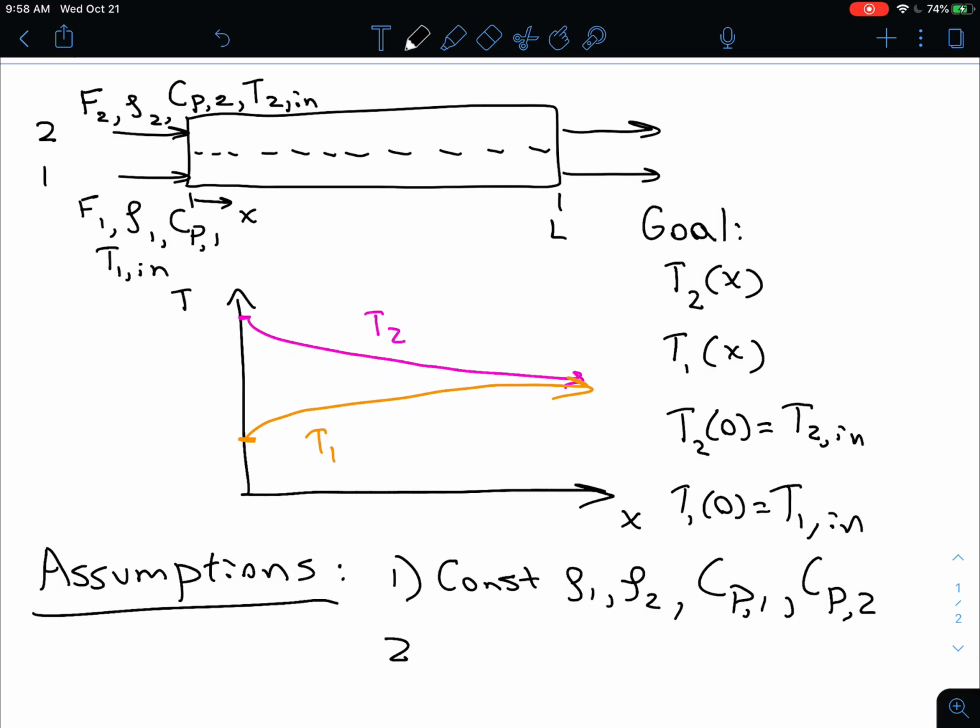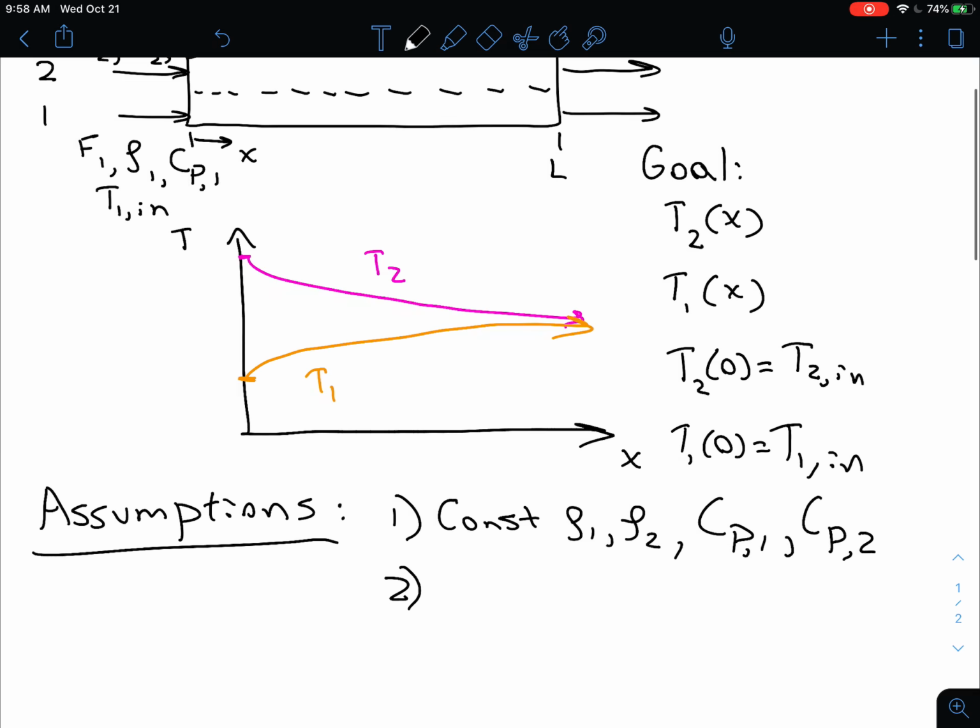And also, for heat transfer, I'm going to assume that we can use Newton's law of cooling. So I'm just going to say heat transfer per unit area.